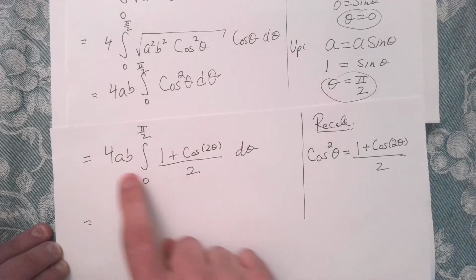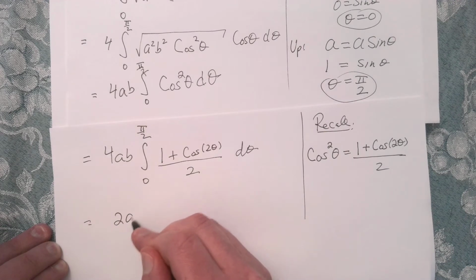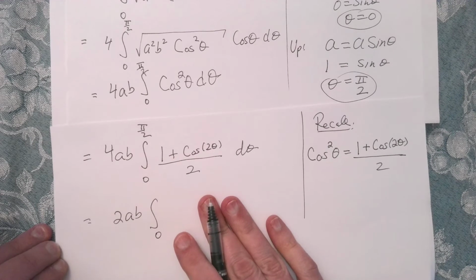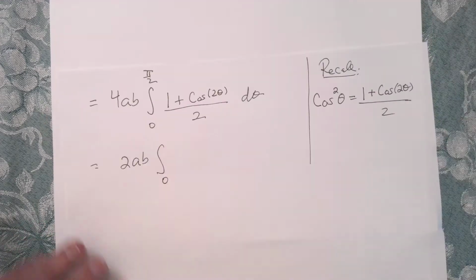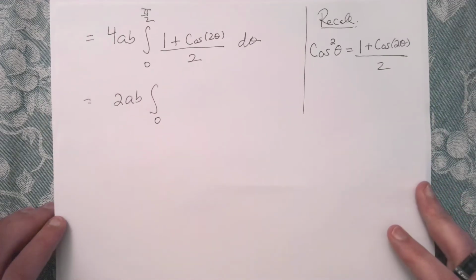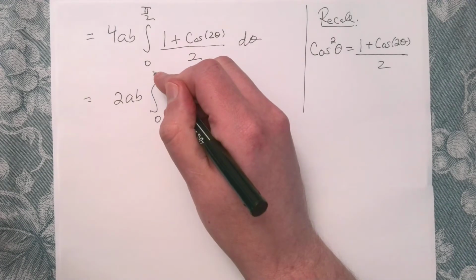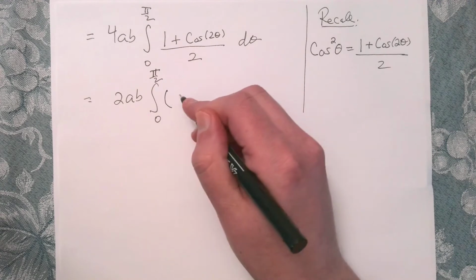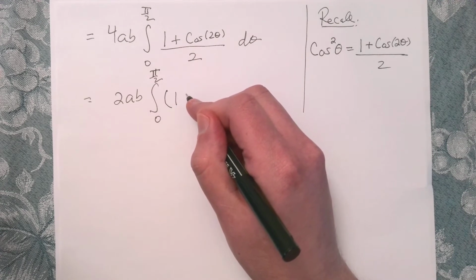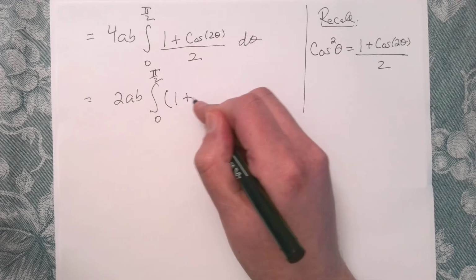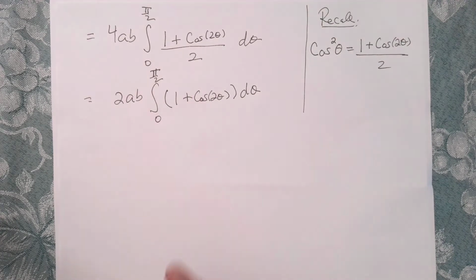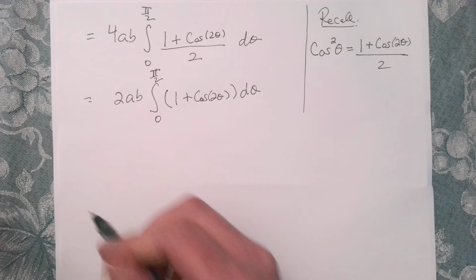Let's move that over 2 out here. So we can just say 2 goes into 4 twice. And we're left with the following. And let's move this up a little bit. Okay, so we've got 2ab times the integral from 0 to pi over 2 of 1 plus cosine of 2 theta d theta. And then we can just go ahead and integrate.